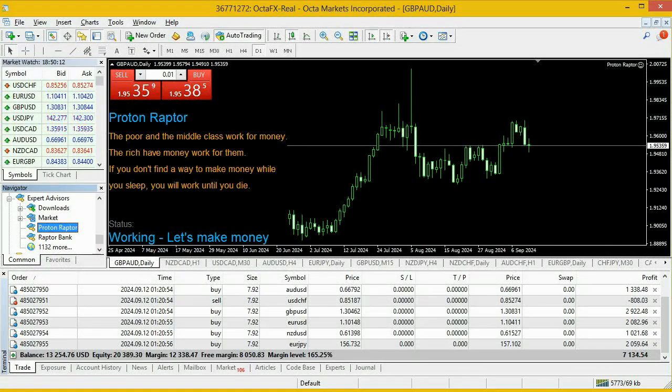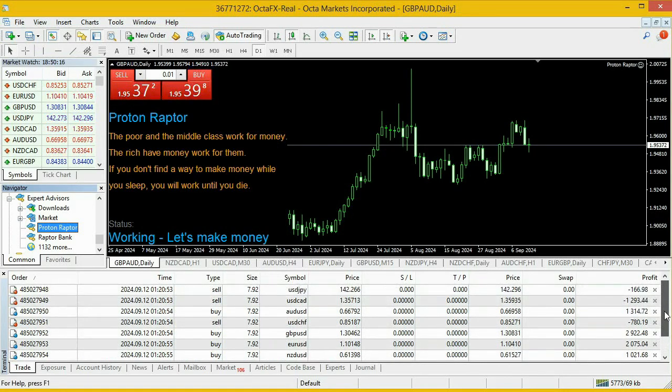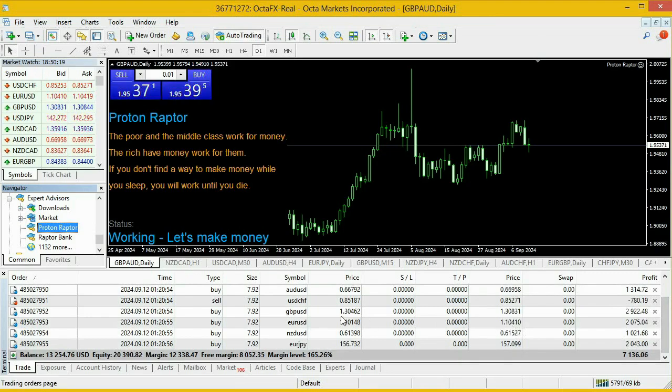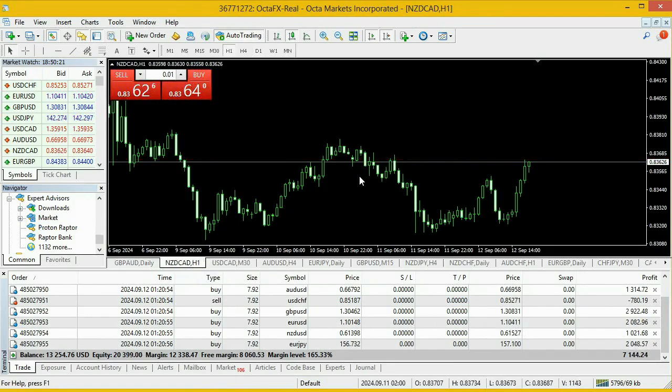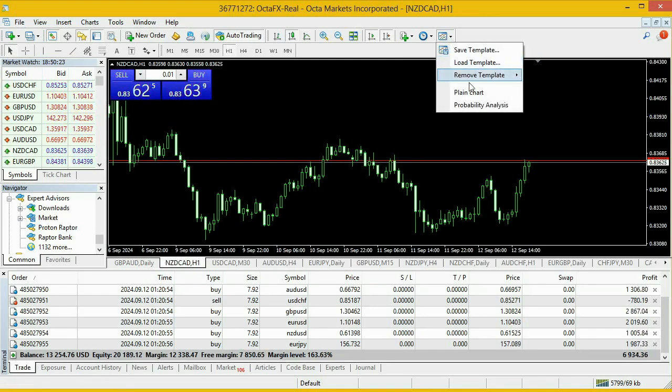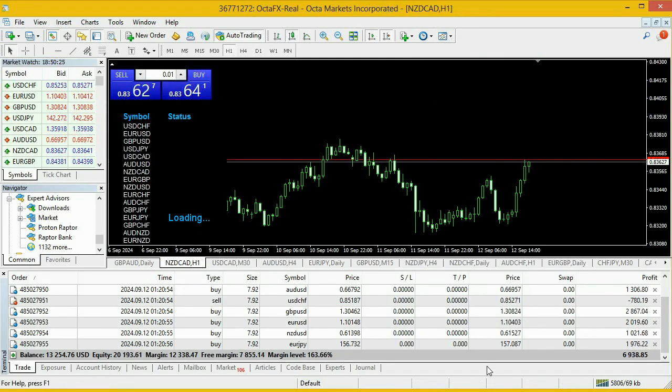A little over 18 hours into the trades, this is where we are. Again, these are all the trades. We check our success probability analyzer again.